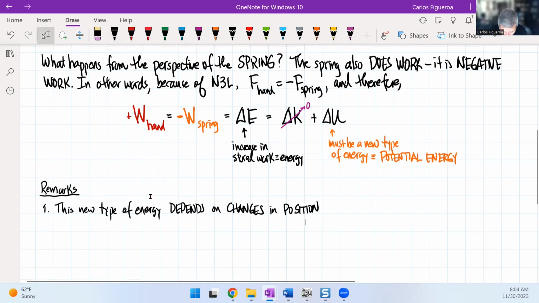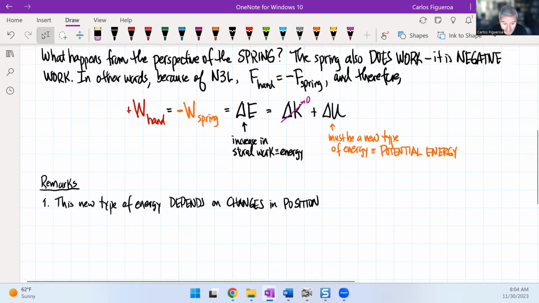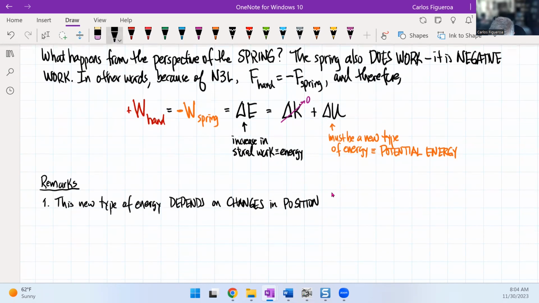In other words, we changed the distance of the spring in this system. So this implies that this new change in energy is a form of potential energy, but in our case, it's the change in the spring potential energy.